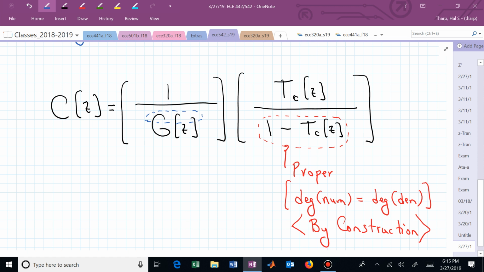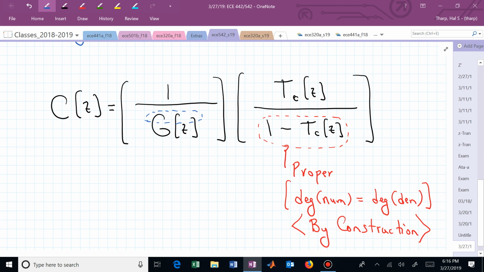Now, okay, first let me go back. What is this controller doing? What is 1 over G of Z in that expression for the controller doing? If you just had to interpret, forget the T over 1 minus T for a minute. What's 1 over G of Z doing in your controller? And think about where the controller is.